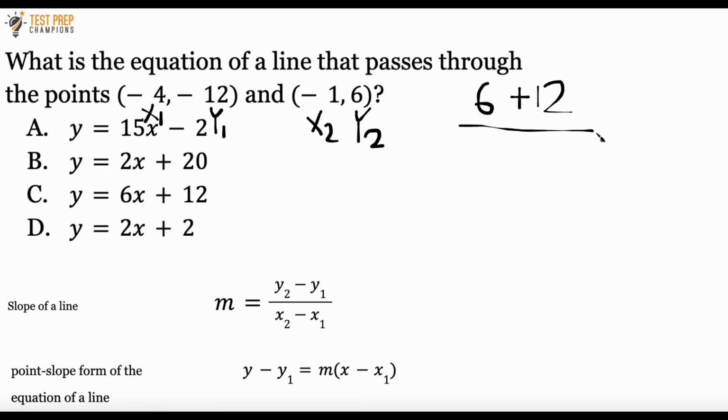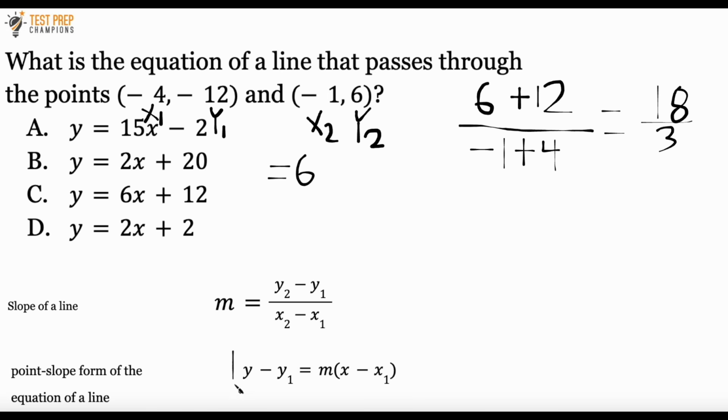So I have 6 plus 12. Now down here, I would do x2 minus x1. So I'll have -1 minus -4, which is the same as plus 4. So 6 plus 12 is 18. -1 plus 4 is 3. And 18 divided by 3 equals 6. So my slope is 6.